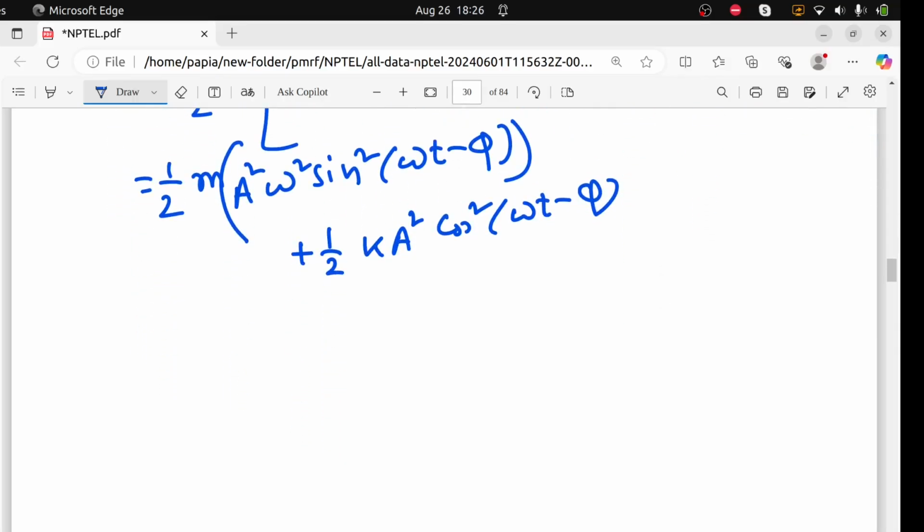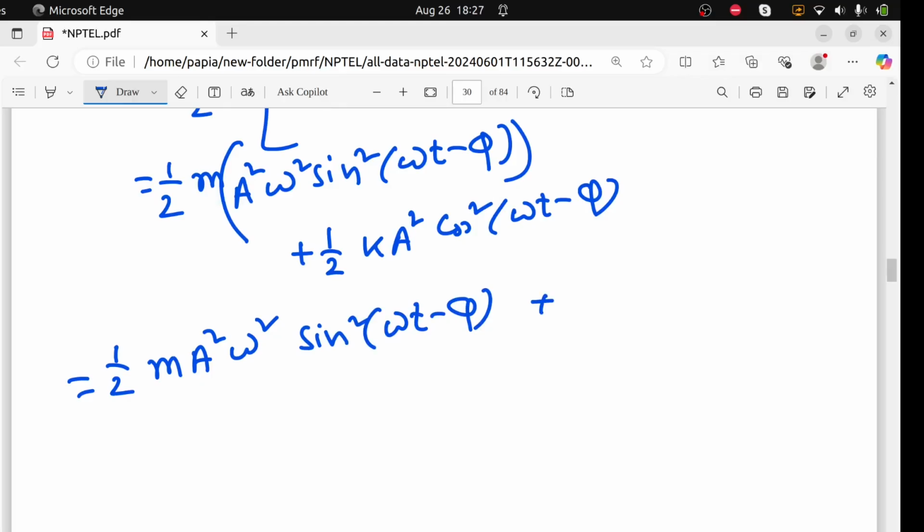Now you can understand it is like half m A square omega square sin square(omega t minus phi) plus half k A square cos square(omega t minus phi).